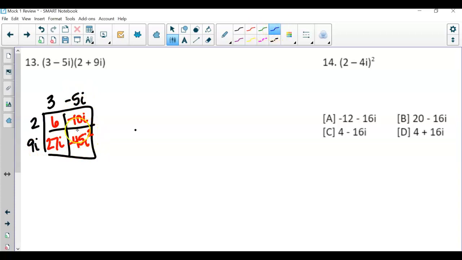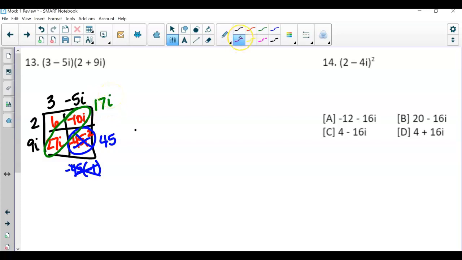So again, notice here, right in that last box, we have i squared. i squared is always -1. So -45, negative times a negative is a positive 45. So we're replacing that last box here with positive 45. Then notice we have our like terms here, the two i terms, our imaginary parts. 27 minus 10 is 17i.